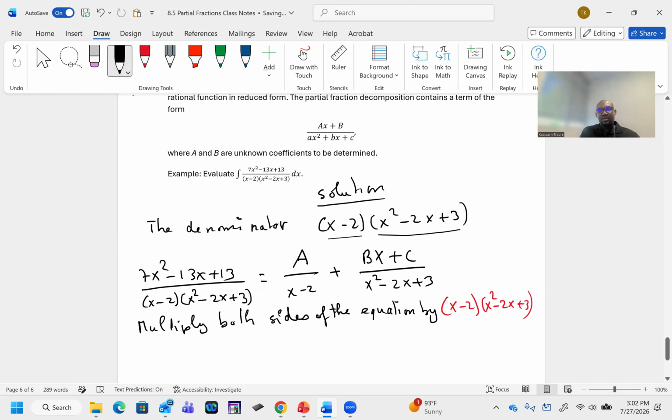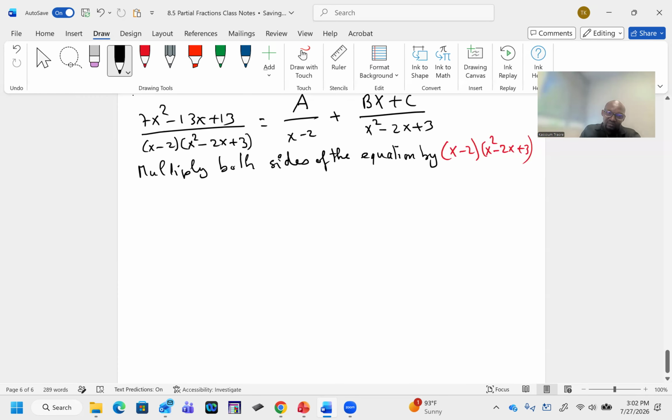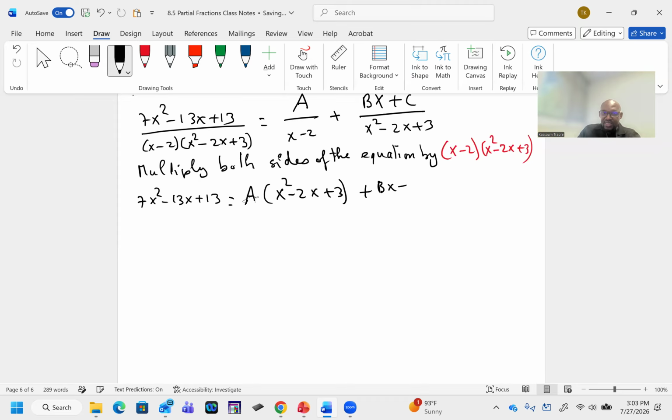Then I will get what? 7x squared minus 13x plus 13 will be equal to a times x squared minus 2x plus 3, plus bx plus c times x minus 2. Okay.